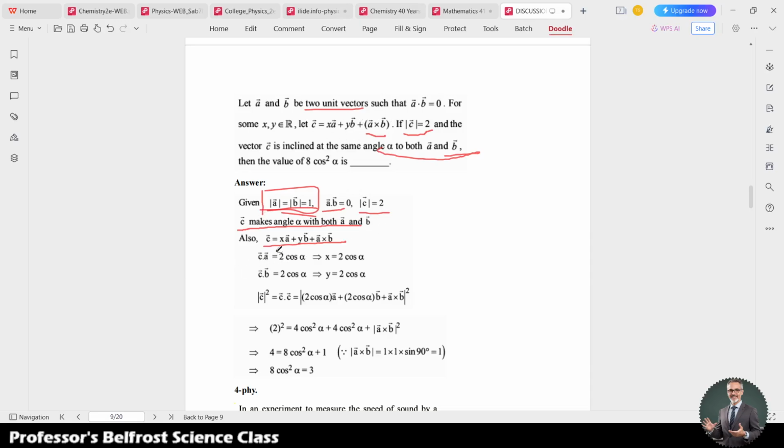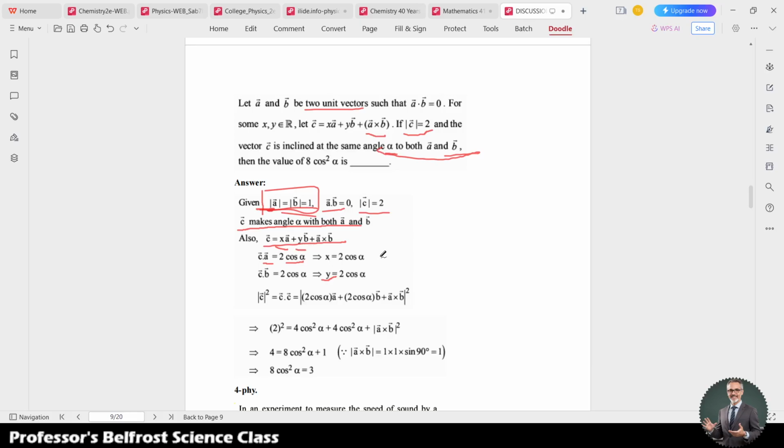Thus, c dot a, we need to find it first. c dot a equals 2 cos alpha, because you know a is a unit vector and it makes an inclination alpha. And c dot b is also 2 cos alpha. c dot a is represented as x, and c dot b is represented as y.